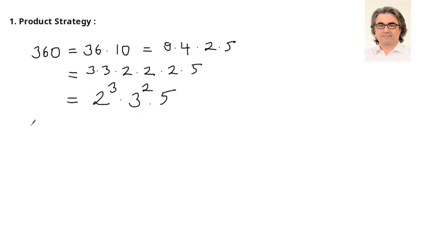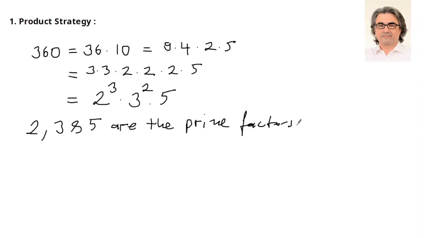Now the most important is the following: 2, 3, and 5 are the prime factors of 360, or prime constructors of 360.